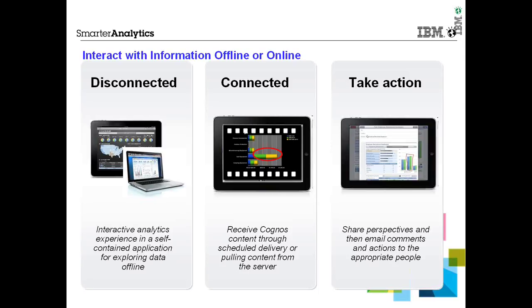Further information, if required, I can get from the connected mode, and finally I can take action on top of it using the IBM Cognos Mobile iPad apps, and quickly communicate the actions with my team. Let's take an example. I get out of office, I'm in traffic, I do the analysis in disconnected mode or connected mode, and the actions that I want to be taken, I can communicate on my way to the office, so that by the time I reach my office, I see that people have already started taking action on top of it.